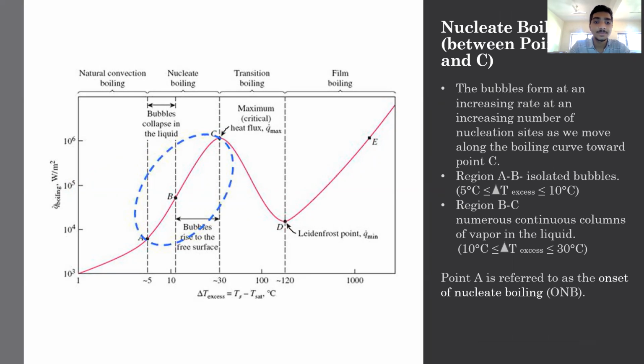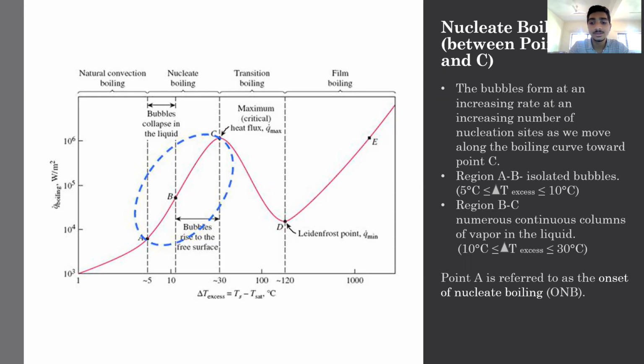It is shown in the graph between point A and point C. The bubbles form at an increasing rate, at an increasing number of nucleation sites, as we move along the boiling curve towards point C. In region A to B, there are isolated bubbles, where 5 degrees Celsius is less than or equal to delta T excess, which is less than or equal to 10 degrees Celsius.